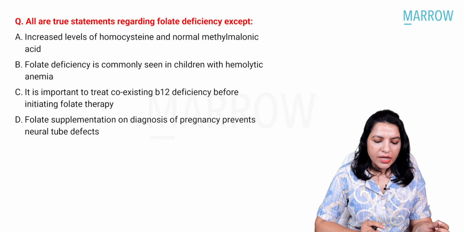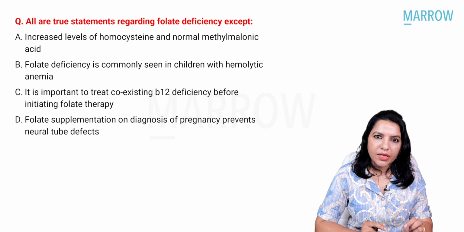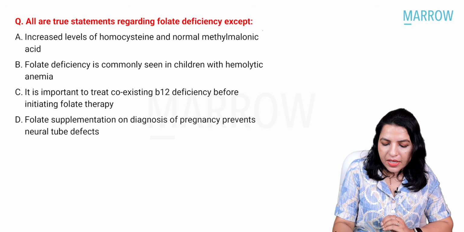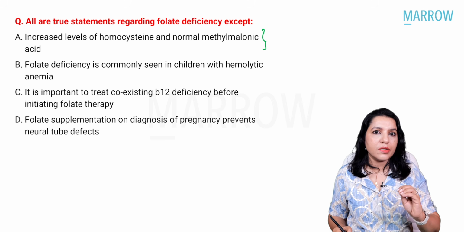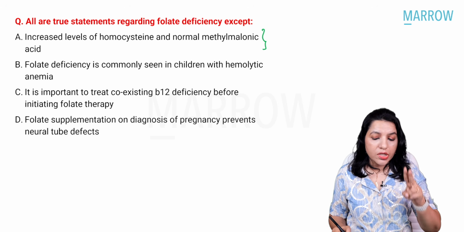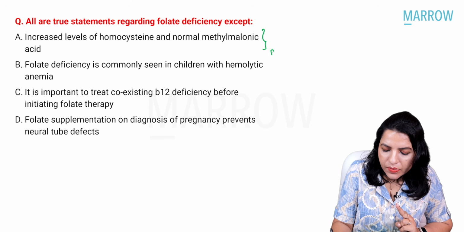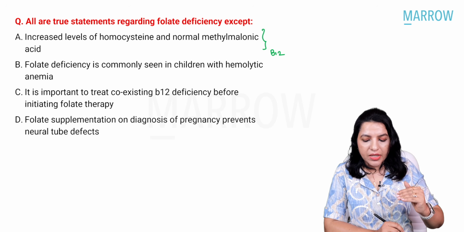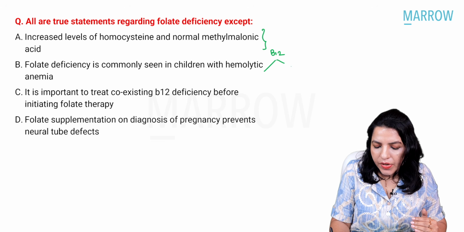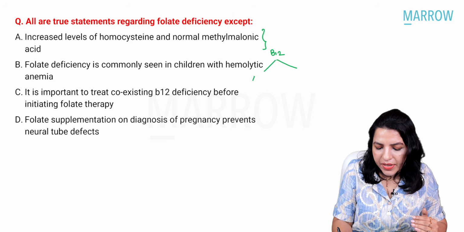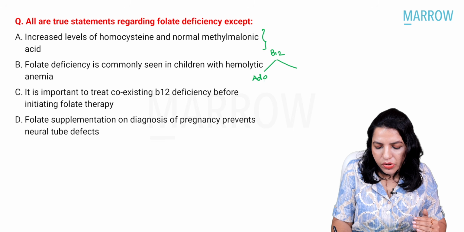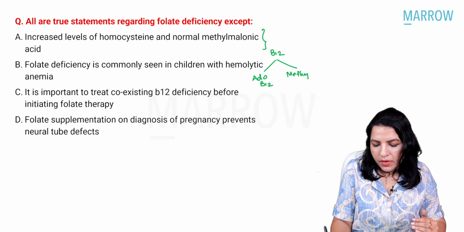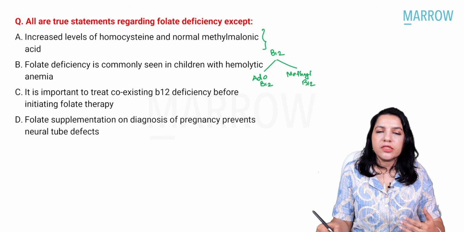Increased level of homocysteine and normal methyl malonic acid. We'll just discuss the two enzymes which require B12, and that will explain this. B12 has two different forms: adenosyl B12, usually written as ADO-B12, and methyl B12.